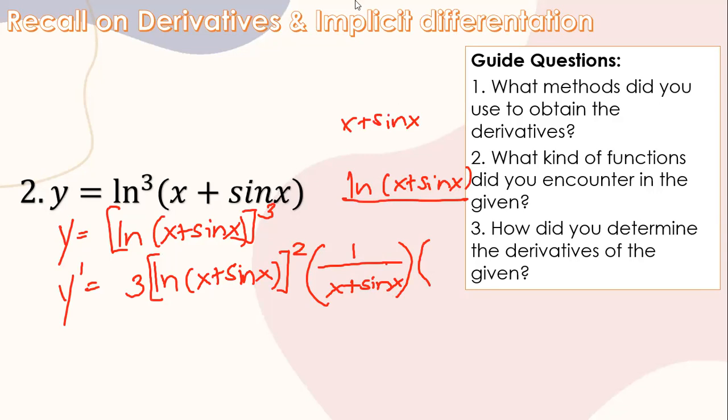So, we have the derivative of x plus sin x is 1 plus cosine of x. Okay, so what we have done here is what we call the chain rule. Okay, so parang papaloob tayo ng papaloob hanggang wala na tayong makukuha na derivative. Okay, so this is our final answer.